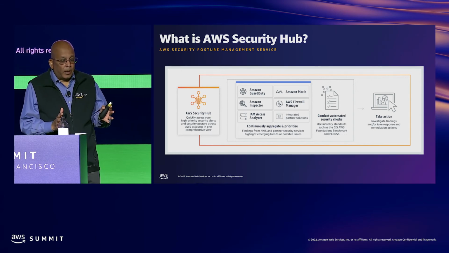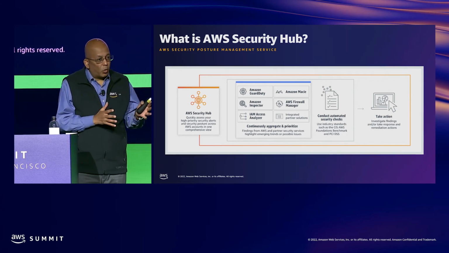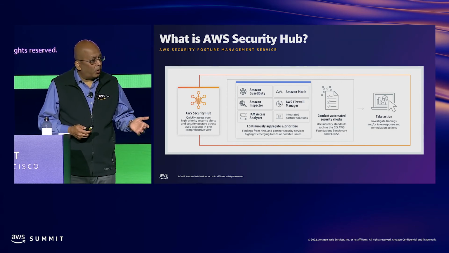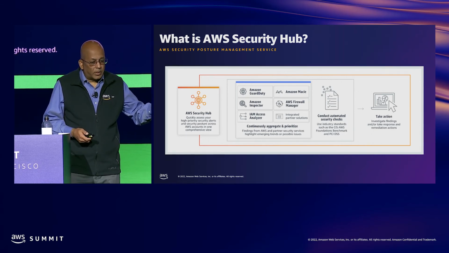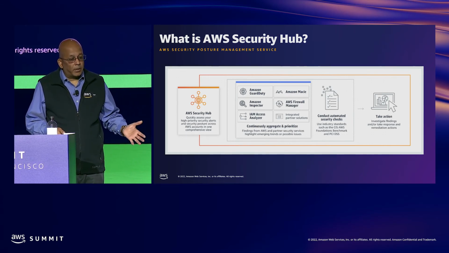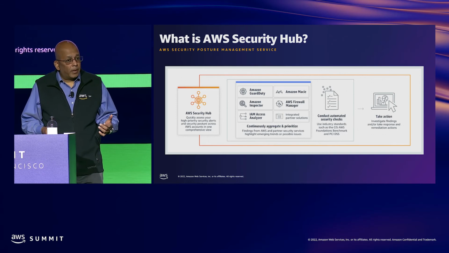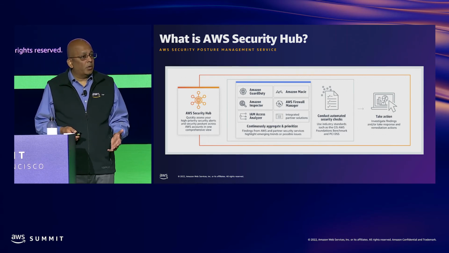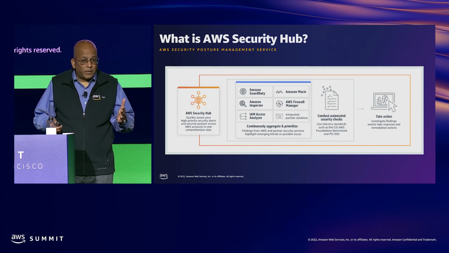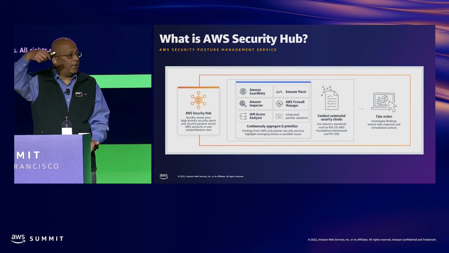One is you have all these source finding systems, like Amazon GuardDuty, like we talked about, which is looking at your VPC flow logs and network logs. But we also have other systems like the IAM Access Analyzer or Amazon Macie that are reviewing your workloads, reviewing your resources, and providing all these findings. All these findings can then be aggregated in a single pane of glass.